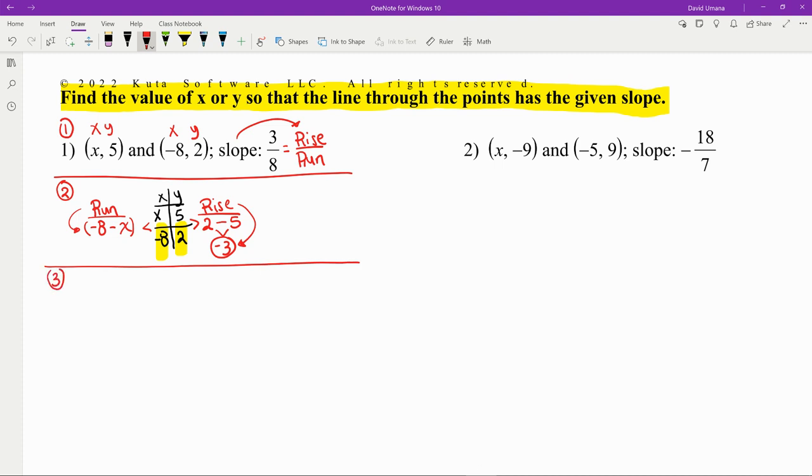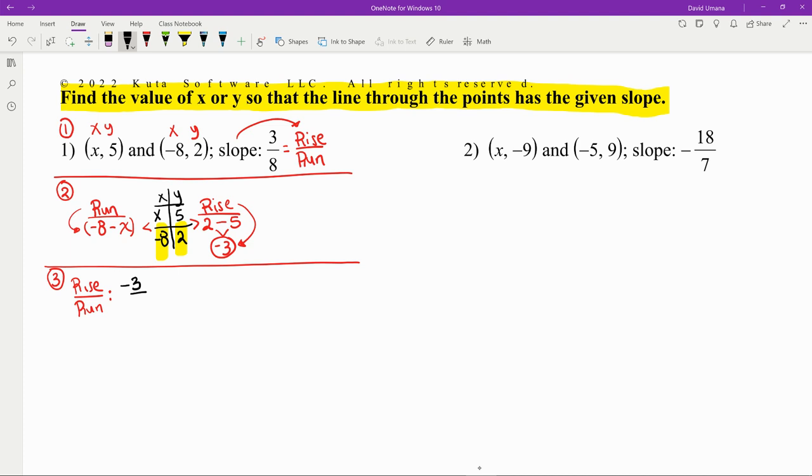Step 3. For step 3, I see the words rise and run over and over again. So I'm going to begin with the rise and run, and I'm going to replace the words rise and run with the values that I already know. So I'll start from step number 2.